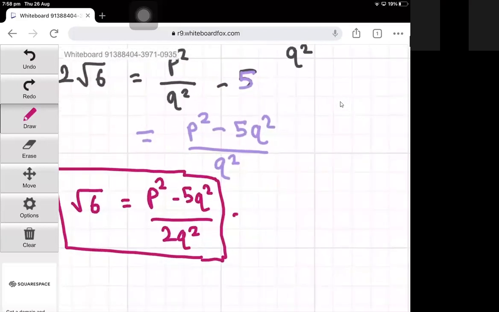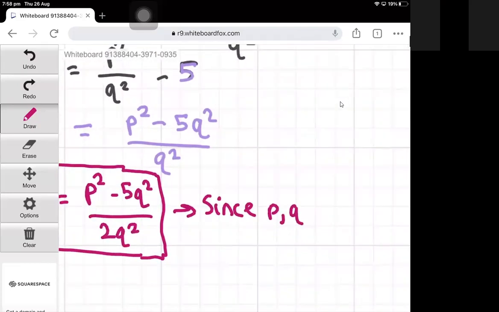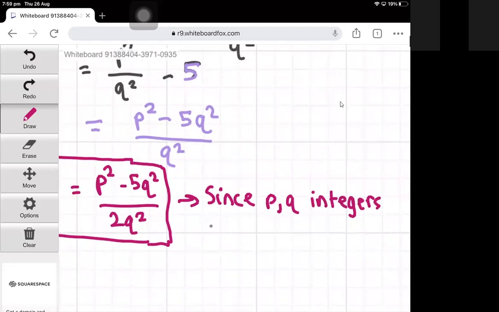And remember, since p and q are integers, it means p squared minus 5q squared and 2q squared are also integers.